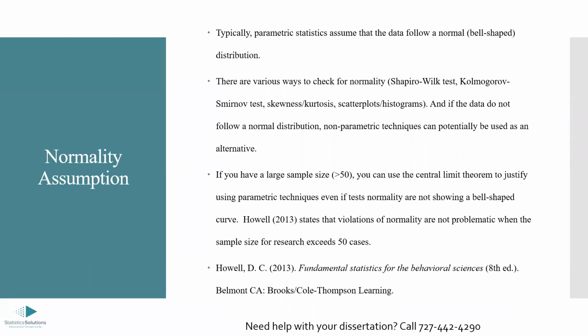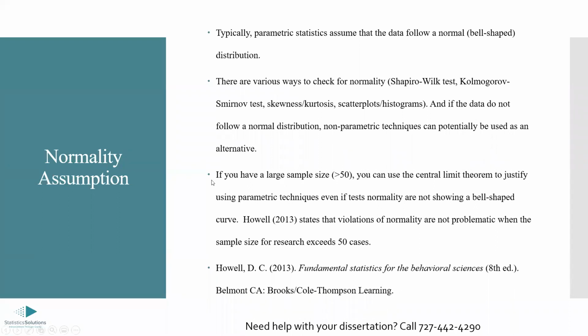What is your school looking for? You can use a Shapiro-Wilk test, a Kolmogorov-Smirnov test. You can look at the skewness and kurtosis values, and you can look visually at scatter plots and histograms. Typically, if the data does not follow a normal distribution, you need to find a non-parametric alternative to running your statistics.